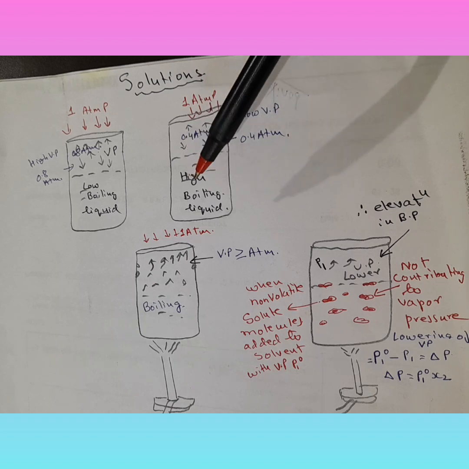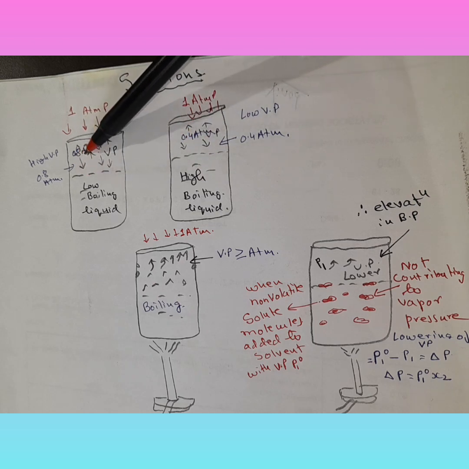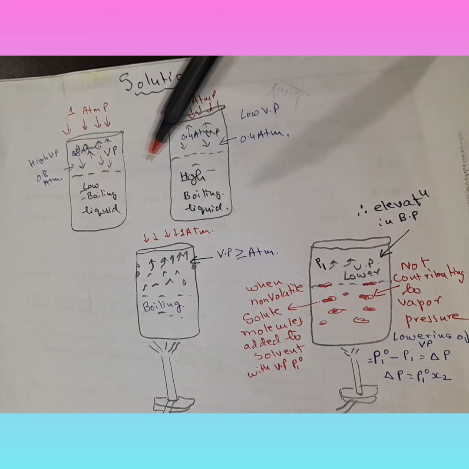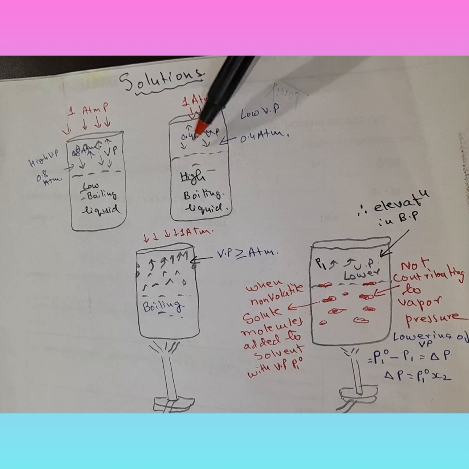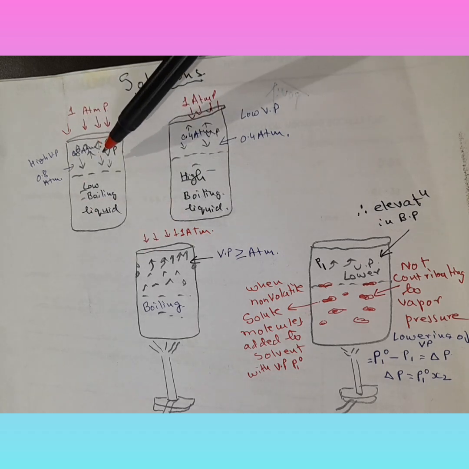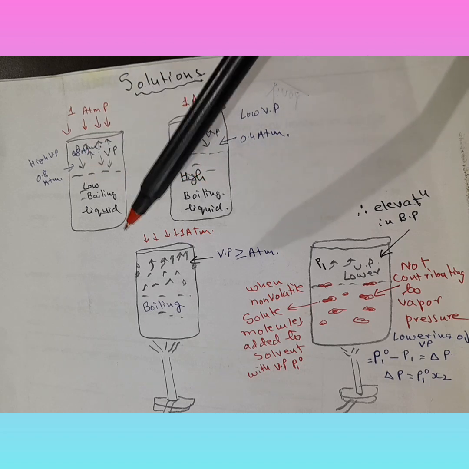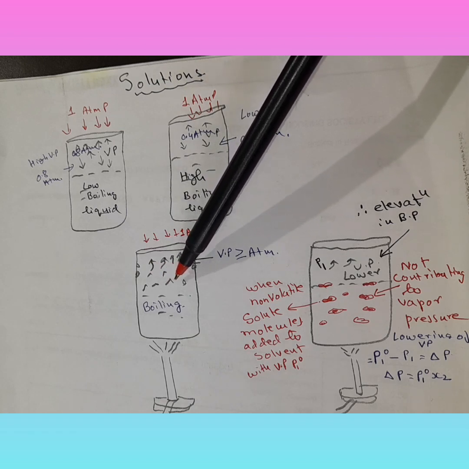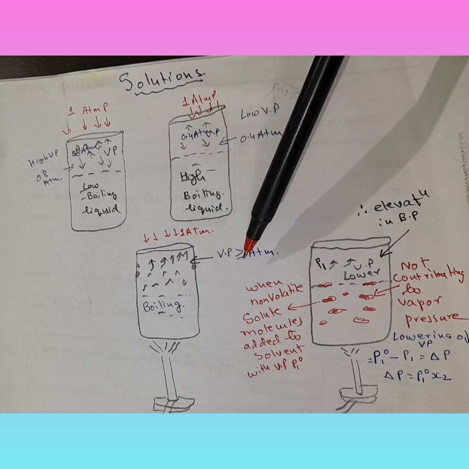That's the reason why this is high boiling and this is low boiling. Here vapor pressure is already high, so to reach 1 atmosphere it just requires a little heating to start boiling, whereas here vapor pressure is low, so it requires more heating to get to boiling. So we learned the relationship between vapor pressure, low boiling and high boiling, and we also learned what the boiling point is: the point where the vapor pressure is greater than or equal to atmospheric pressure.